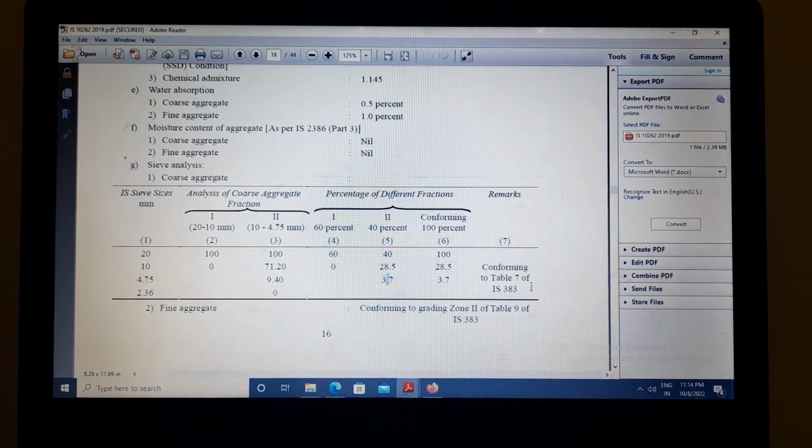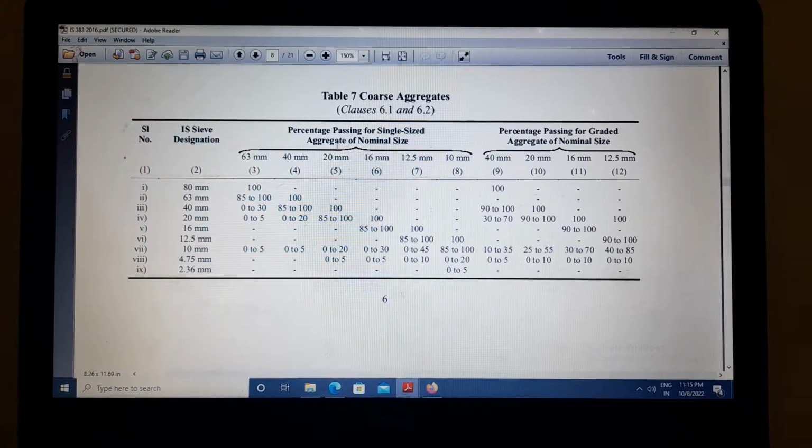Now I will show table 7 of IS 383. Let's go through table 7 of IS 383. Here our nominal maximum size of the aggregate is 20 mm. So you can check this 20 mm. For nominal max 20 mm aggregate, this is the blending requirement.